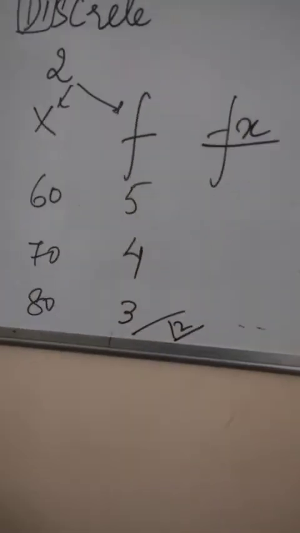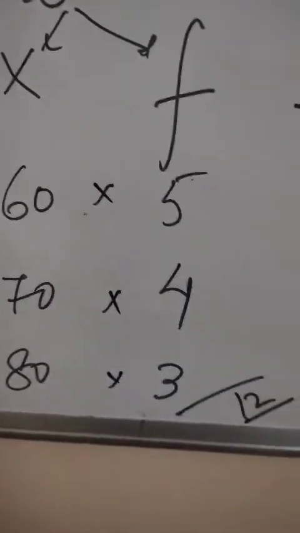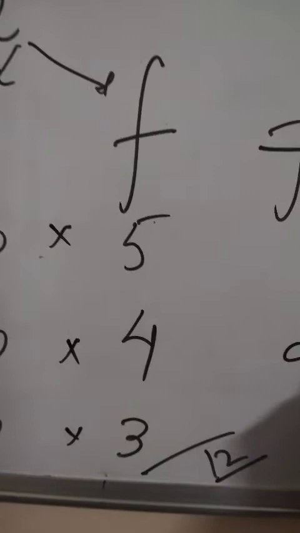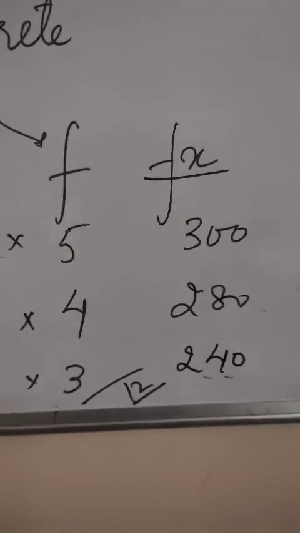So here, if the information has changed, obviously the formula also changes. What you need to calculate is fx. So you will be multiplying these: 60 into 5, 300; 7 4s are 28, so 280; 8 3s are 24, so 240, right?